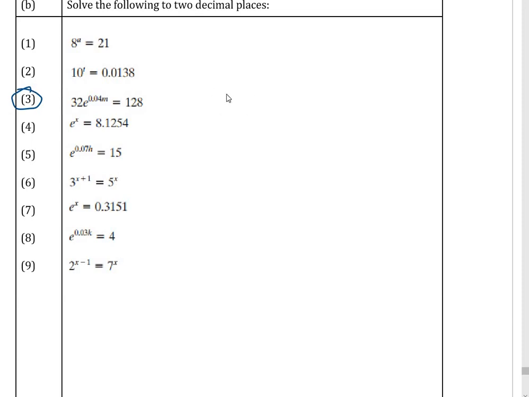Okay, so we have here 32 e to the 0,04m, and we have 128 here. So the very first thing that we must never forget, we want the power to be alone. Isolate the power. That's not new for us. So we're going to divide by the 32.